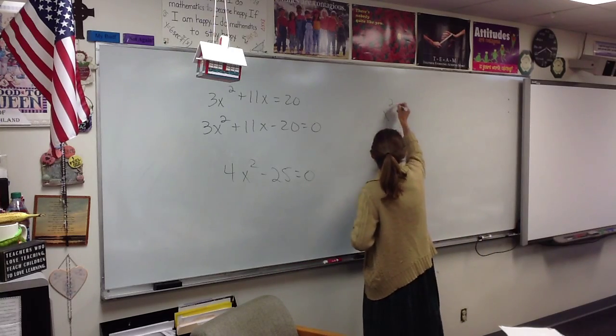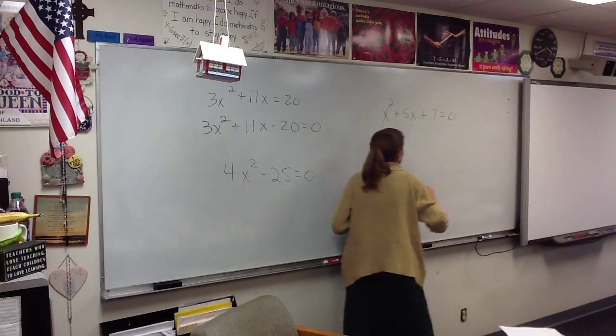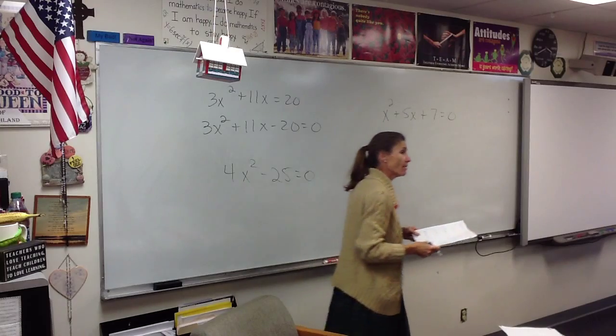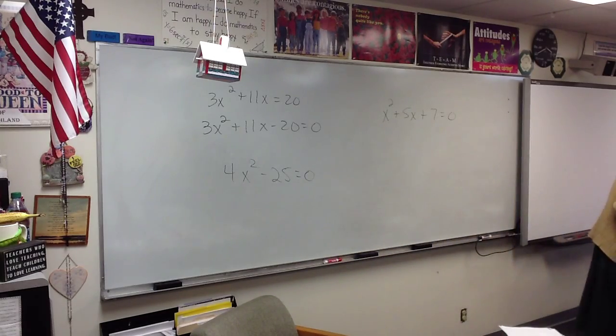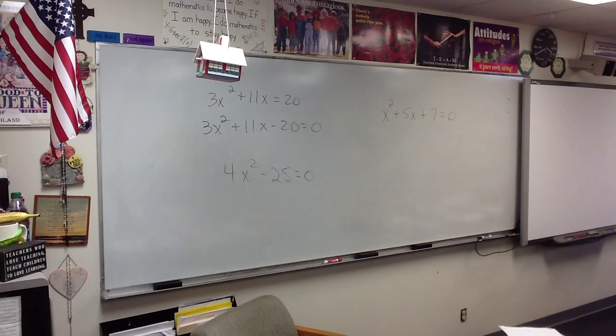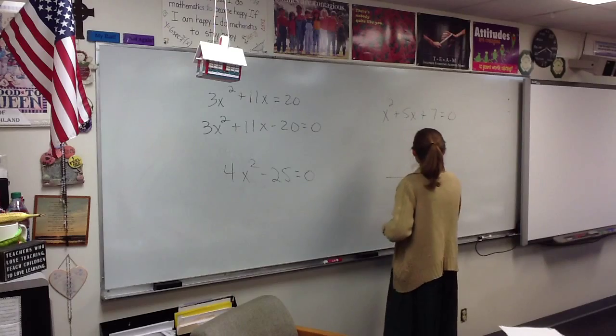What if you had this equation? I want you to graph that on your calculator right now. Graph it and tell me what is different or special about it. It looks the same. What'd you say, Lindsay? It does not touch the x-axis.